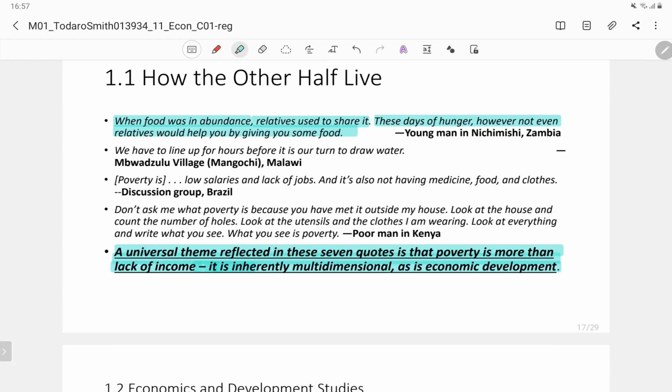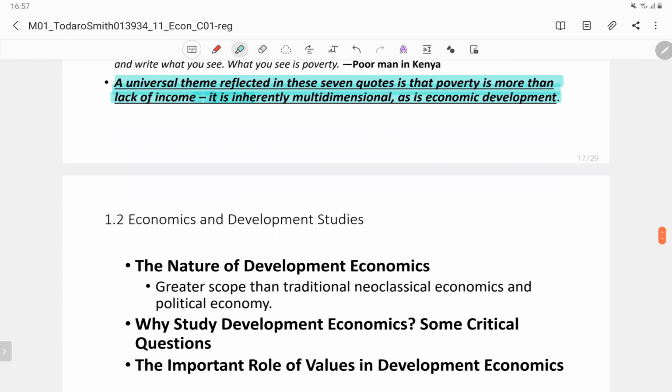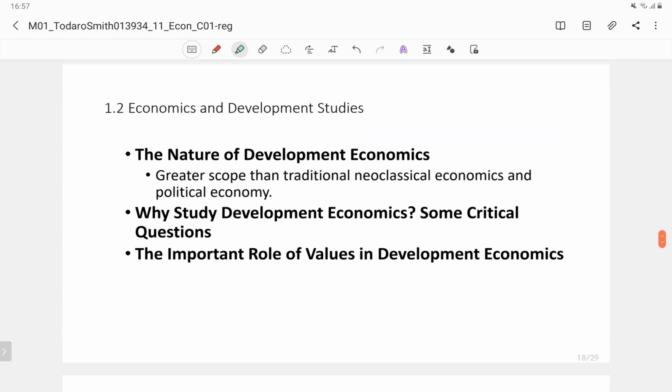Here is what we're going to study in economics and development studies. What we're going to talk about in this course, the first one is the nature of development economics, which has greater scope than traditional neoclassical economics and political economy.